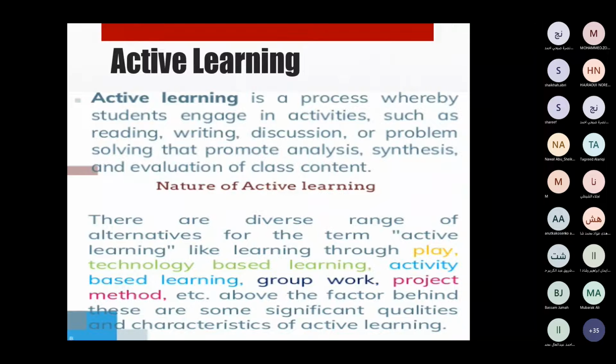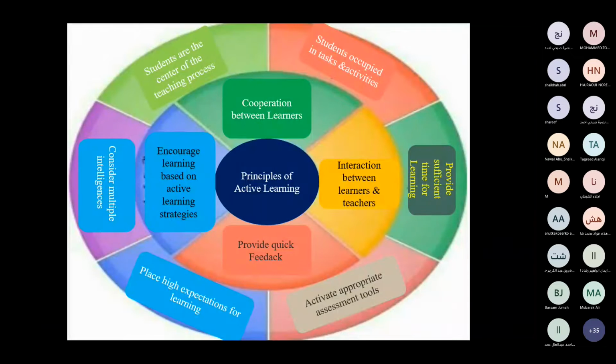So we have so many principles of active learning, and it involves cooperation between learners, I mean students here. Students are the center of the teaching process. Students are occupied in tasks and activities, and there is interaction between learners and teachers. And we know that the role of teachers here should be just supervisors and helpers.